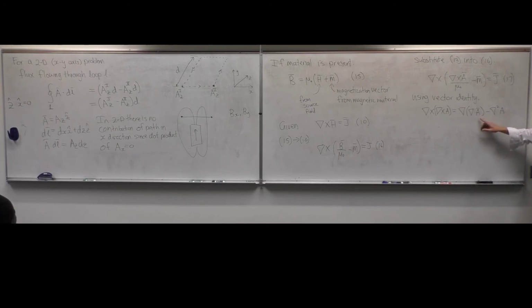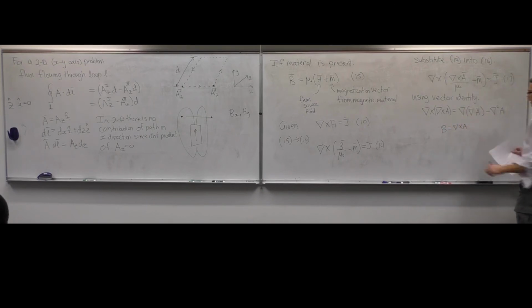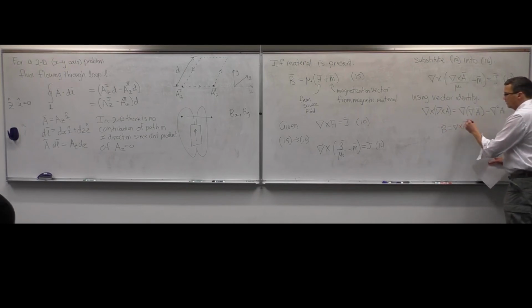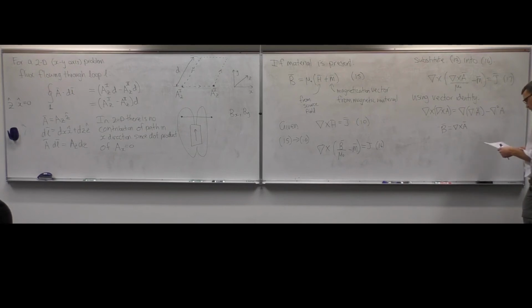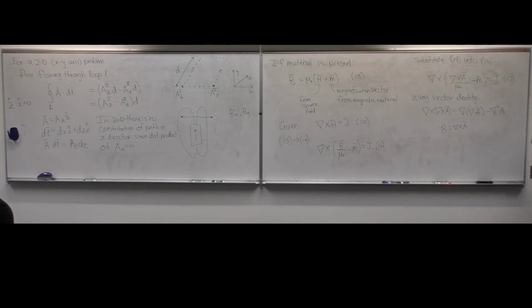So we've defined B in terms of A, and so we've defined the curl of A, but we haven't defined the divergence of A. As long as A always satisfies the conditions of B, we can actually choose A to be the simplest possible. So the simplest possible value for the divergence of A is 0.